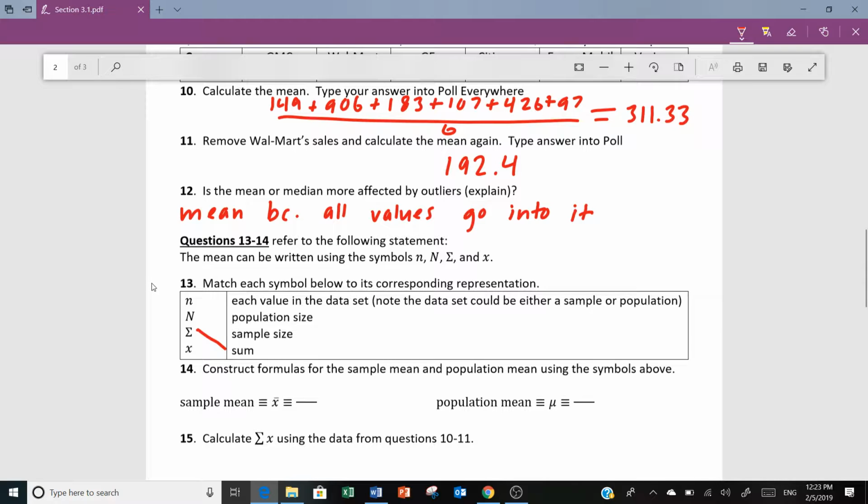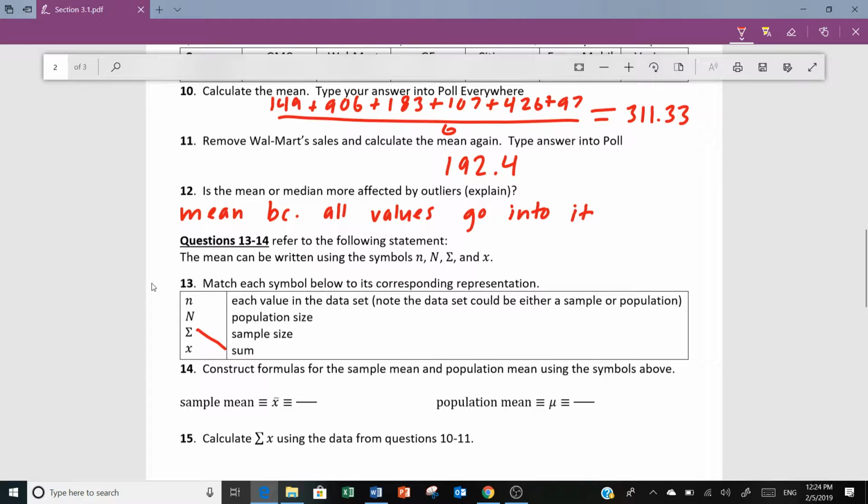Sigma means sum, so that's the first one. Okay. Population size and sample size are almost the same thing. They both refer to the number of data points in your data set.